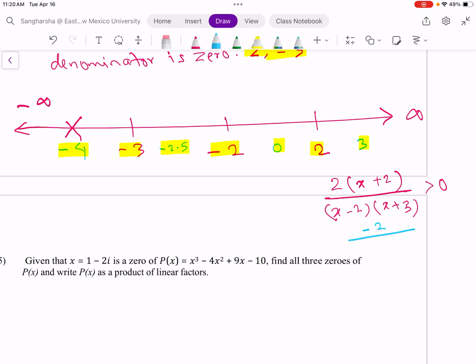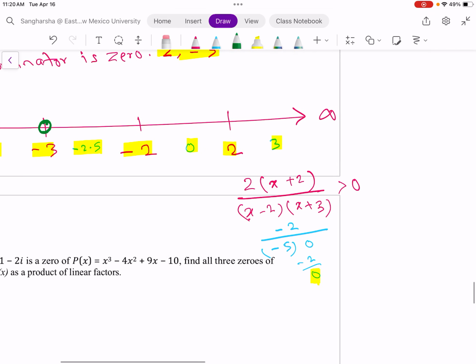Negative 3 minus 2 is negative 5, and negative 3 plus 3 is 0. So we have negative 2 over 0, which is undefined, right? Undefined means this is not a solution. Every time you have 0 in the denominator, it is undefined. So negative 3 is not a solution. If negative 3 is not a solution, do we use a closed circle or an open circle? Open circle. So we're going to have an open circle here.